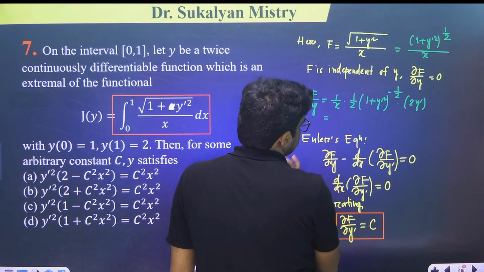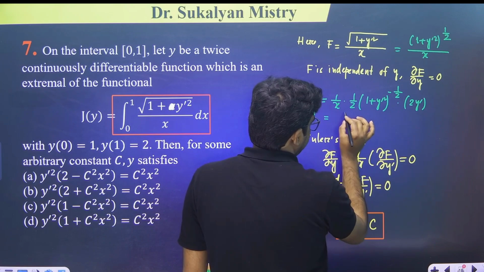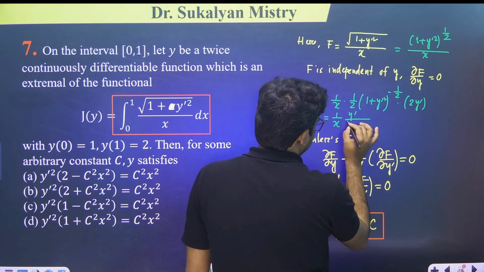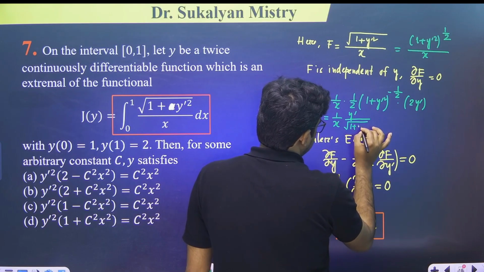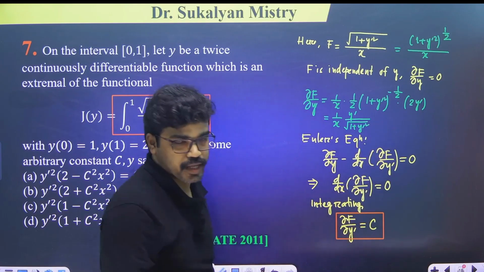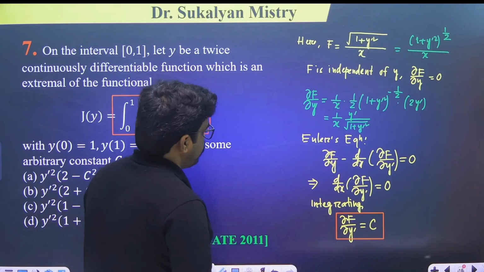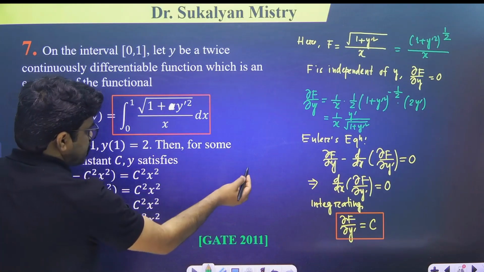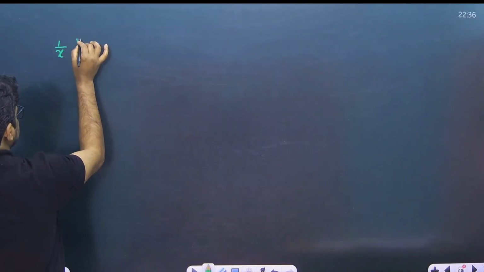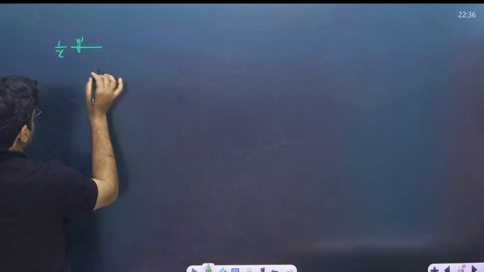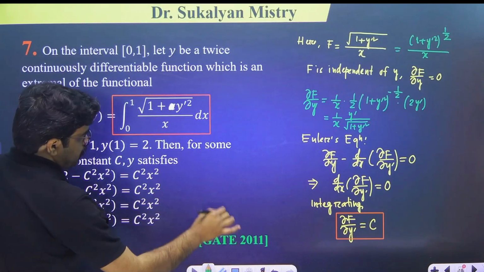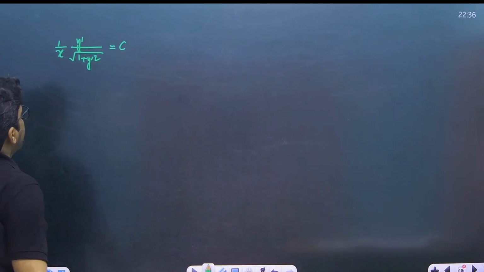So what we get? We get y'/(x √(1 + y'^2)). So this is ∂f/∂y', which implies that ∂f/∂y' is (1/x) y' by root over 1 + y'^2. So this is equal to c.